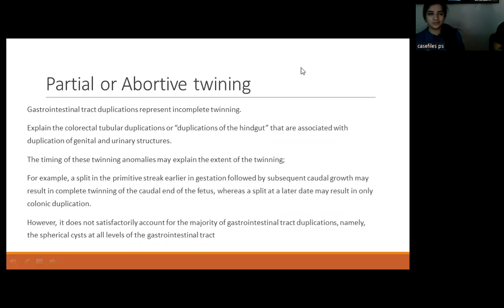So duplications of these tracts along with duplication of the colon have been defined as abortive twinning. However, this theory explains only the caudal duplication involving the colonic part. It does not explain the isolated cystic duplications which occur throughout the intestinal tract. So this theory is only partially covering the caudal duplication.